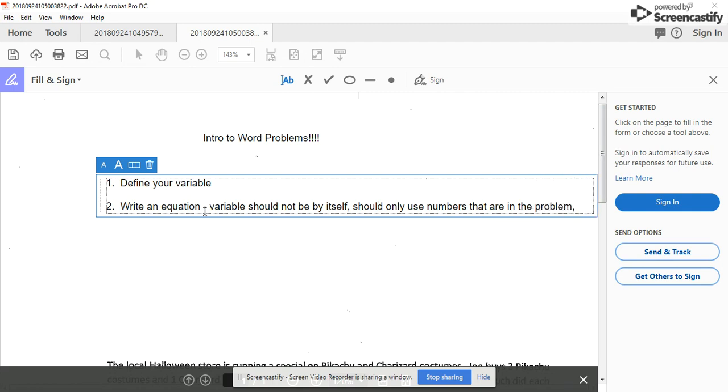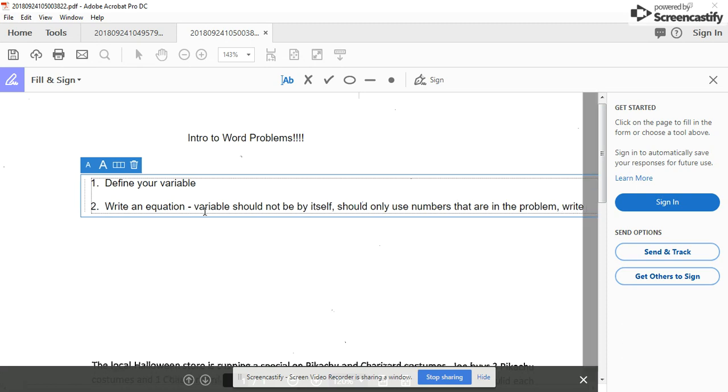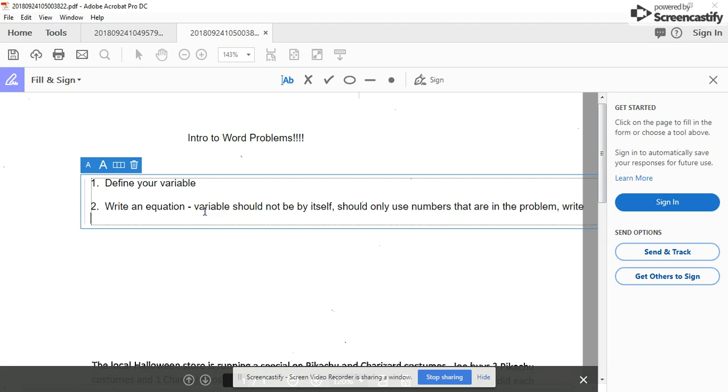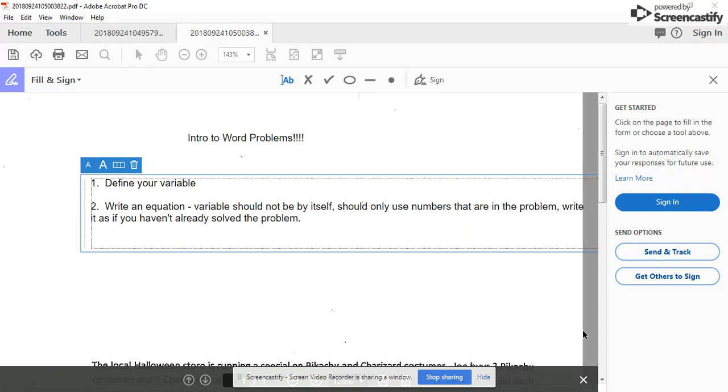And last but not least, which I think is the hardest part about solving word problems or writing the equation, is you have to write it as if you haven't already solved the problem. This is going to be the hardest task because a lot of you are going to know right away what the answer is, but you have to write it before you've done any solving.